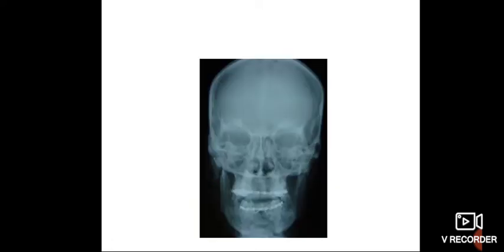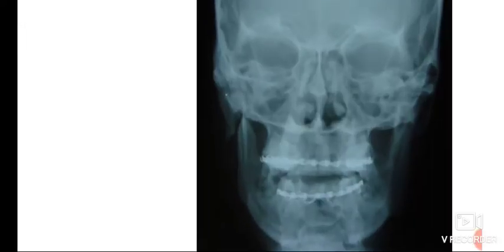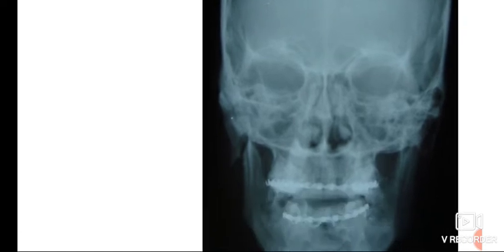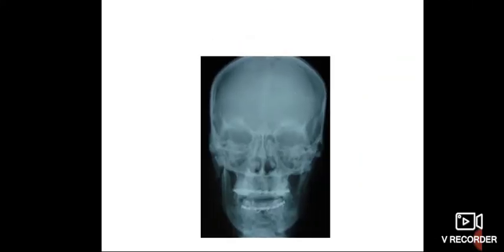As I said, there is an indirect injury, there is a fracture here in the parasymphysis region, there is a fracture in the subcondylar region. And you can notice laterally displaced. This is the condylar region on a skull PA. Laterally displaced, just like what we have seen in Lindahl's classification. If it is present this side, it is called medial displacement. If it is present that side, it is called lateral displacement.